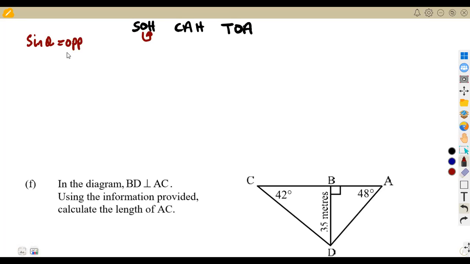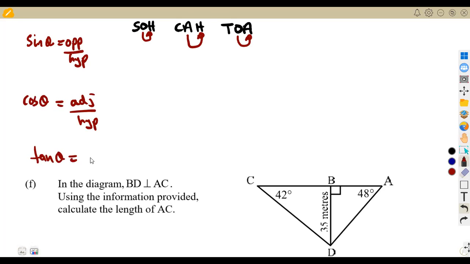The cos of the angle is equal to the adjacent over the hypotenuse, and the tan of theta is equal to the opposite over the adjacent.